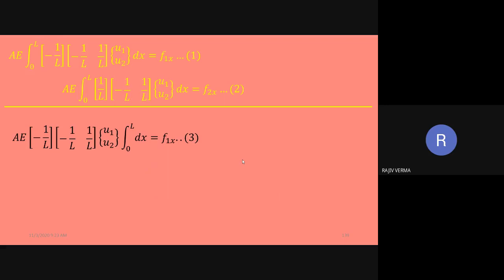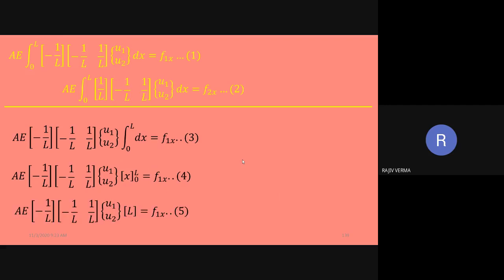The only term which is now going to be left within the integration is going to be dx itself. And when you carry out the required integration, you get equation number 4, and then equation number 5, which on further simplification gives you equation number 6.